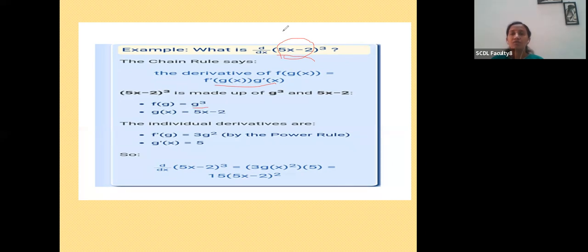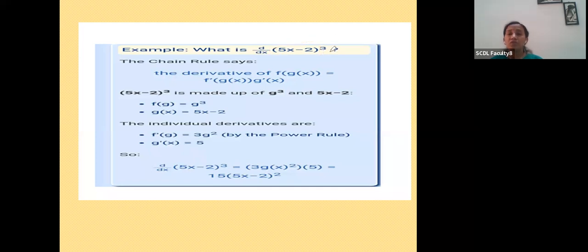Next, what is the actual g? g of x is nothing but 5x minus 2. Now why are we doing this? Because we have to find the derivative of what is given in the bracket, with the cube of that.